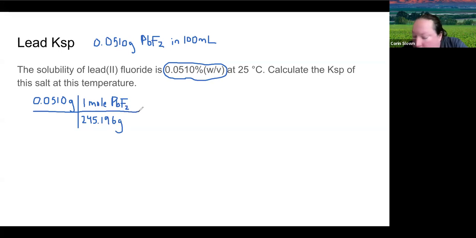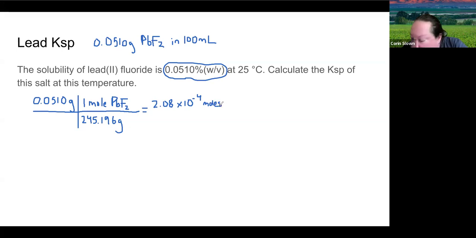Okay, so we're going to figure out the amount that we have in terms of moles. That's 2.08 times 10 to the negative fourth moles.